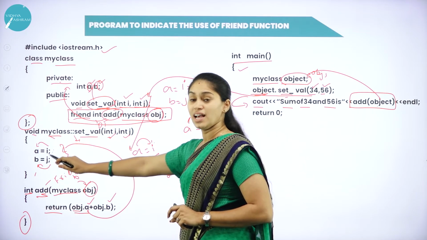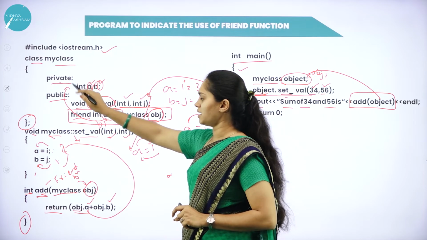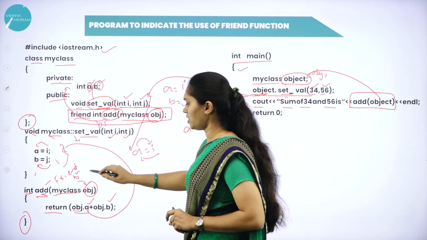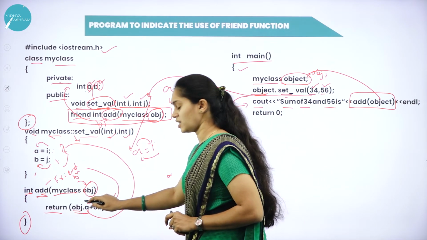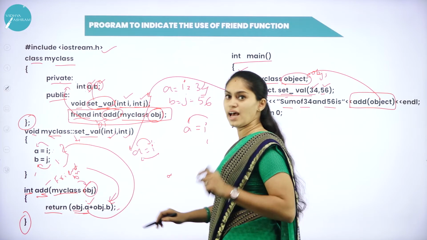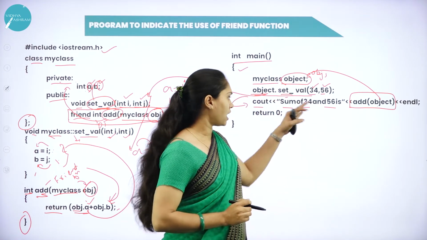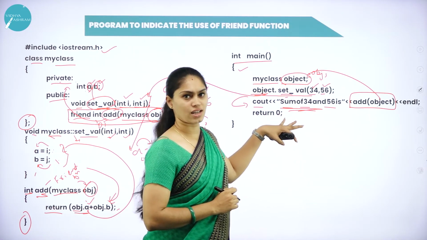So that means I'm indirectly accessing the data members which are private. Once it runs this function, it will come here, add the values 34 and 56, and return the value back to the friend function. That value will be displayed on the screen.